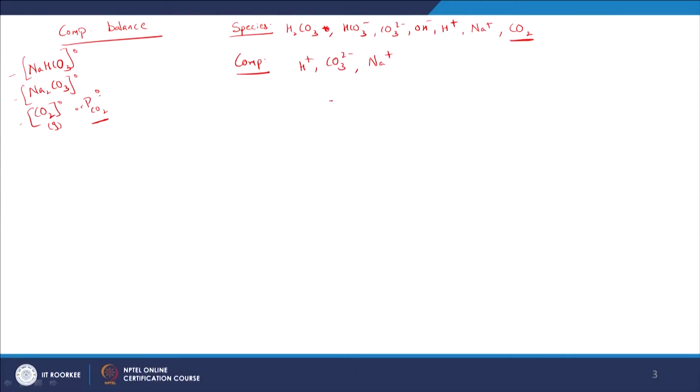I guess the only new species that we need to look at is carbon dioxide. So let's do a check with respect to that first, and then move on to writing the other equations. Here, what am I trying to form? I am trying to form CO2, and it should be 2H plus plus CO3 2 minus minus H2O equal to CO2, and these are my formation equations.